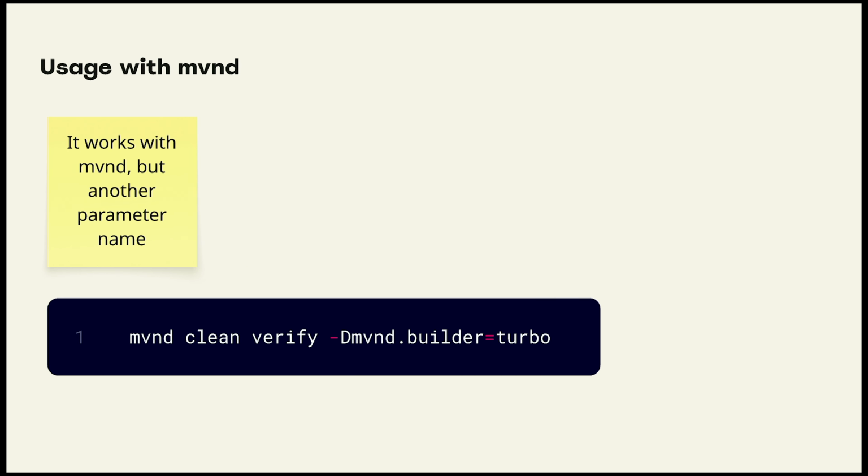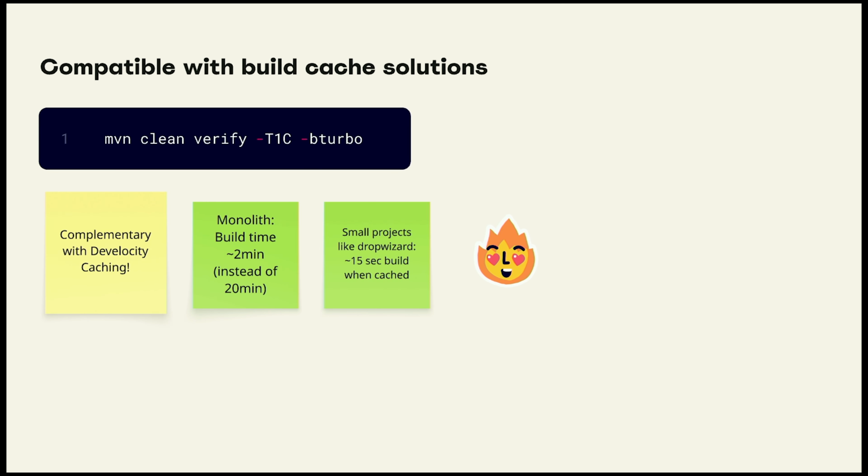Also, it's compatible with Maven daemon. The only difference is that instead of -b, you need to use another parameter name. I've submitted an issue to Maven daemon because I think -b should also work, but whatever, it works with Maven daemon as well. Another good news is that this is compatible and complementary with build cache solutions.